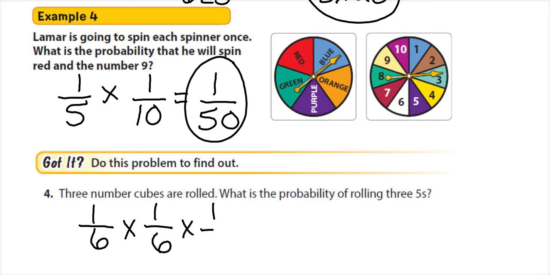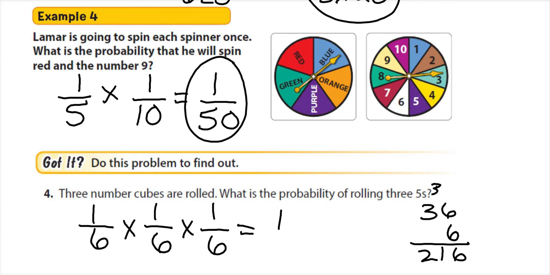And then a 1 in 6 chance again. So we have 1 times 1 times 1, which is 1, of course. 6 times 6, which is 36. And then we have 36 times 6. And it's 216. So it's 1 over 216.